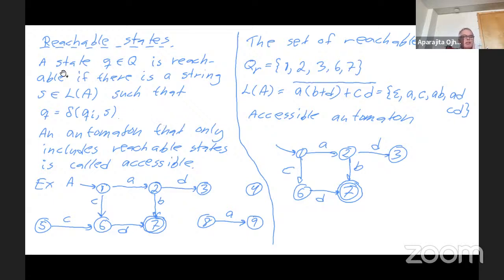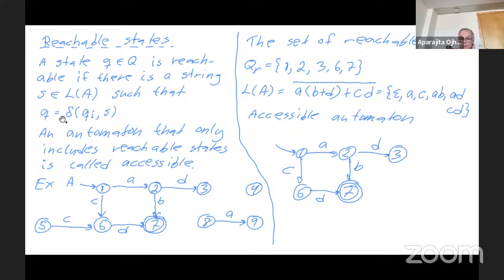So a reachable state is simply a state in the set of states Q, an element in the set of states, we call that small q, is reachable if there is a string s in the language of L such that q can be expressed as a transition from the initial state via the string s to this state q.